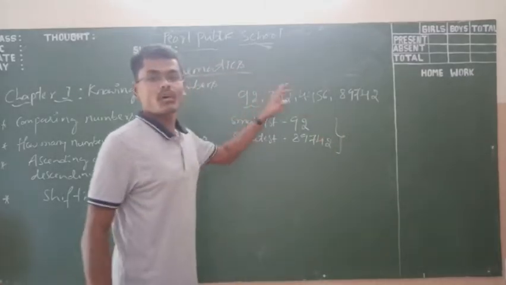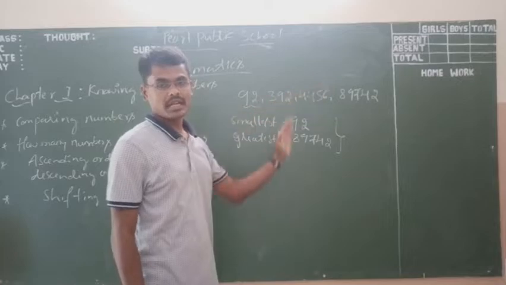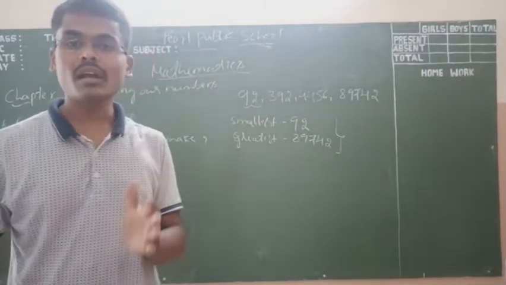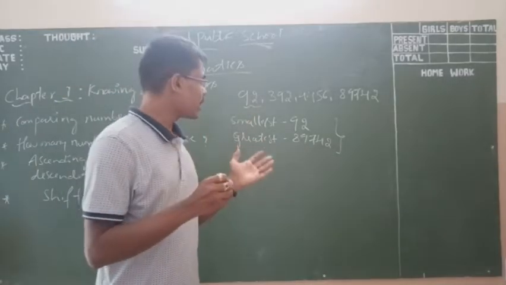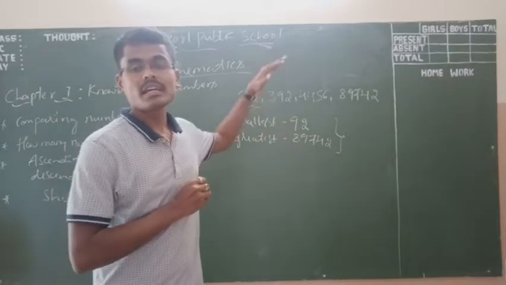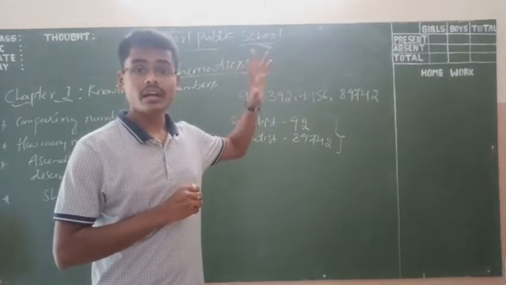For these given numbers, I just identified 92 as the smallest number and 89,742 as the greatest number. How are we going to identify that 92 is the smallest and 89,742 is the greatest?